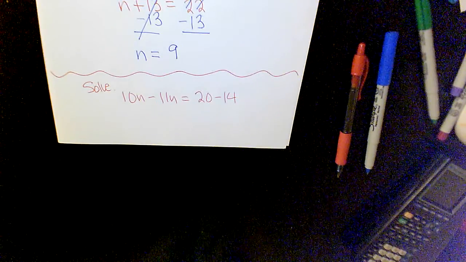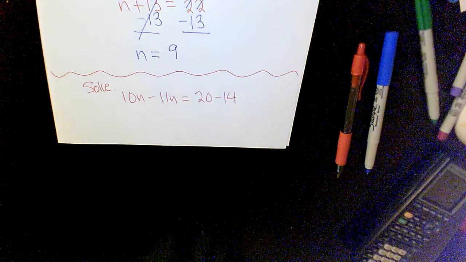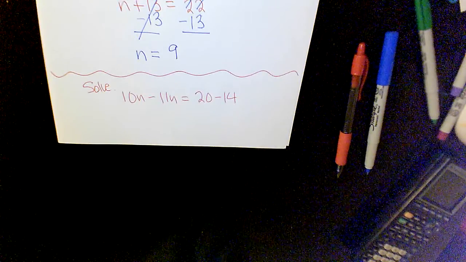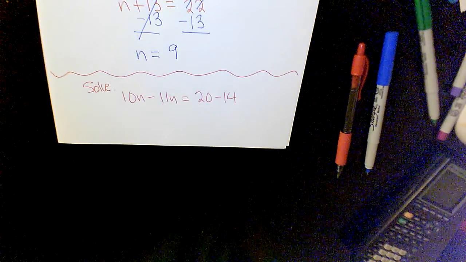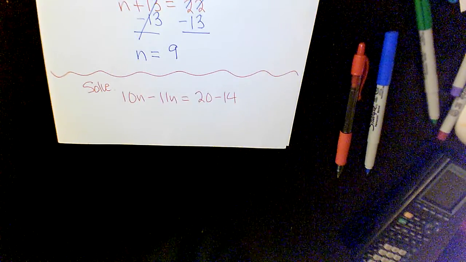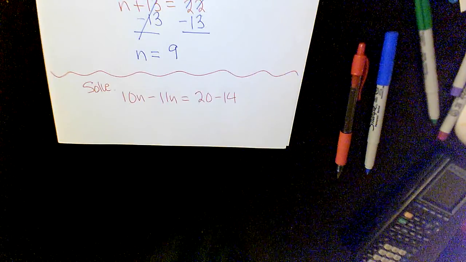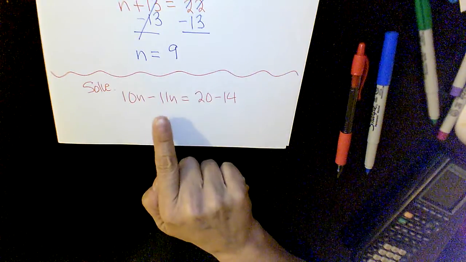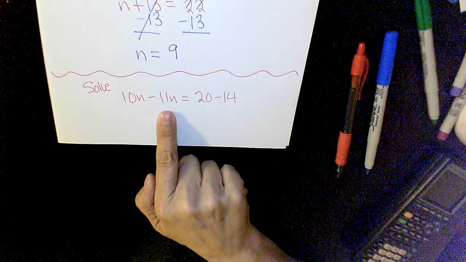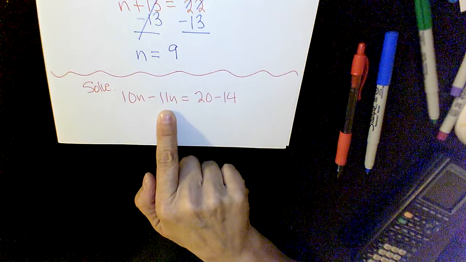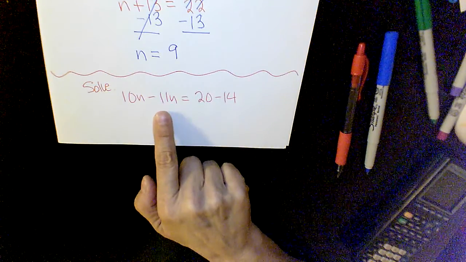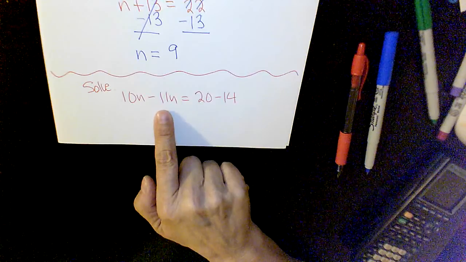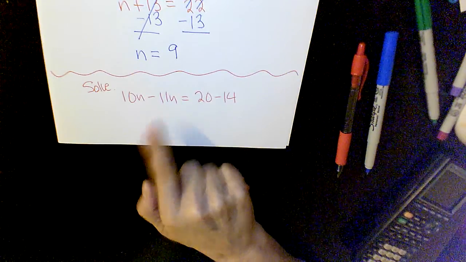What's 10 minus 11? Or what's 10n minus 11n? I've got a positive and a negative. I subtract that, and remember the sign goes to whoever has more positives or negatives, and this answer is going to be negative because there's more negatives with the 11 than the 10.